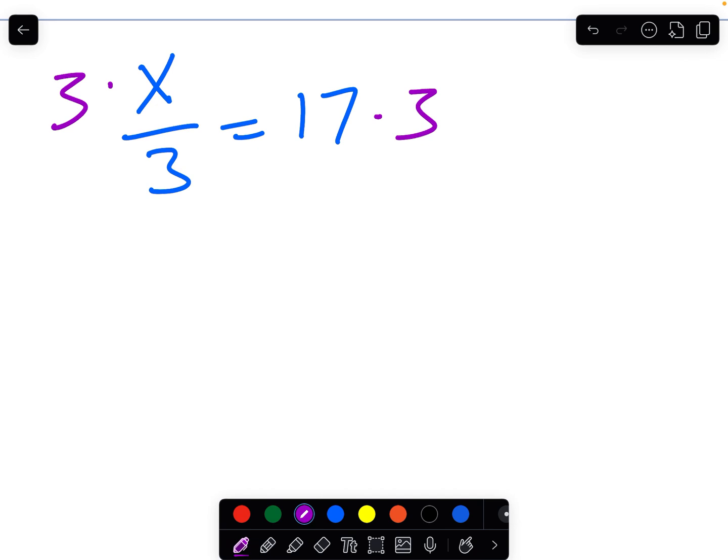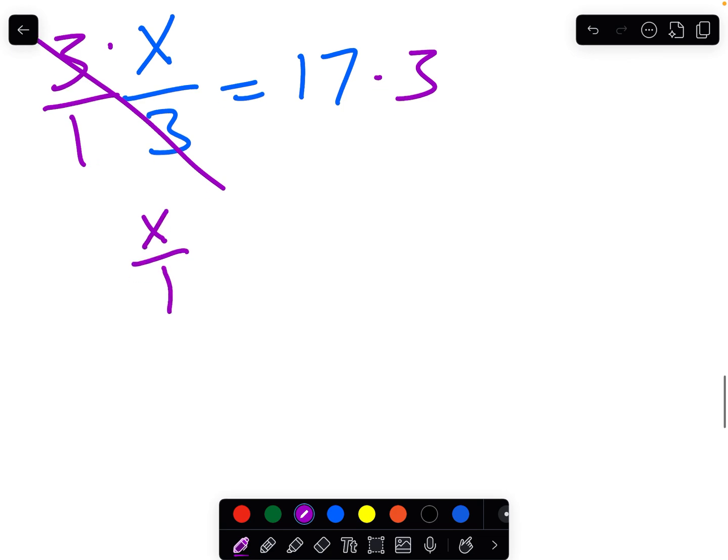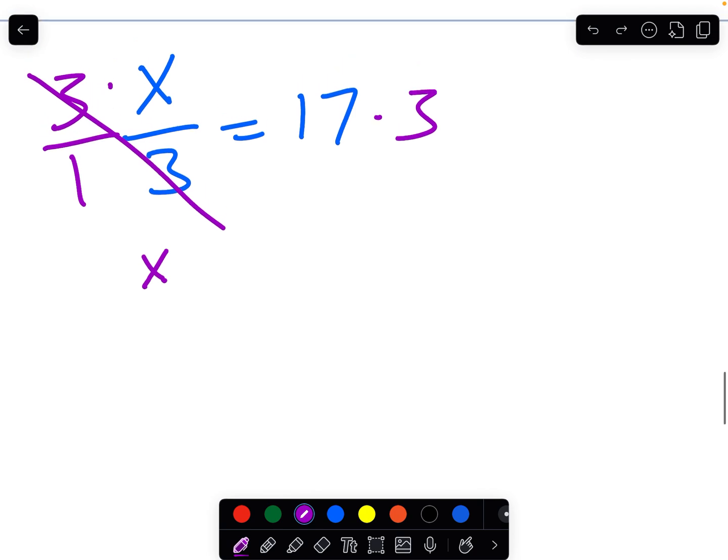You could think of it as 3 or 3 over 1. If it helps to do it that way, I can do it that way. These cancel each other out. I'm left with x over 1. And any number divided by 1 is itself. So really what I'm left with is x.